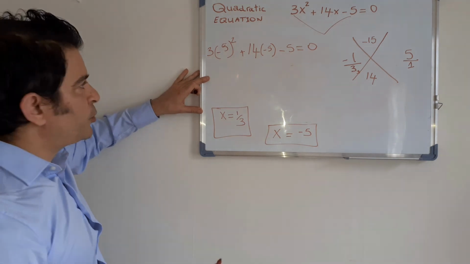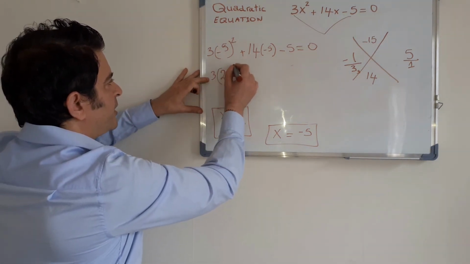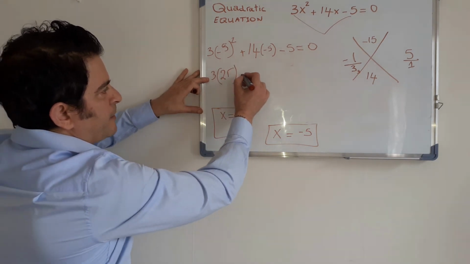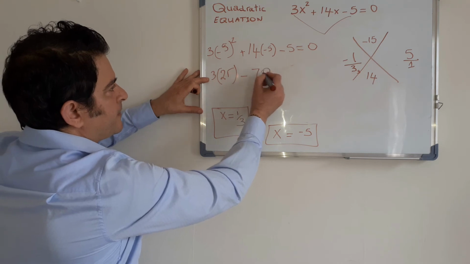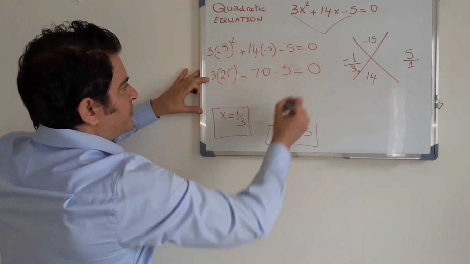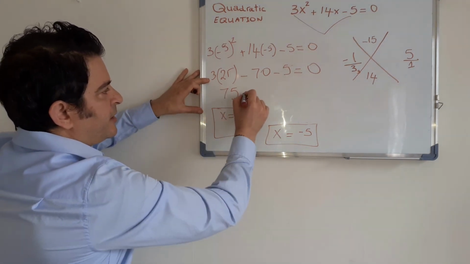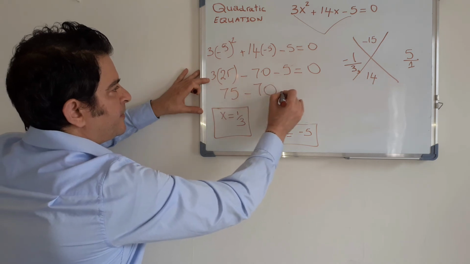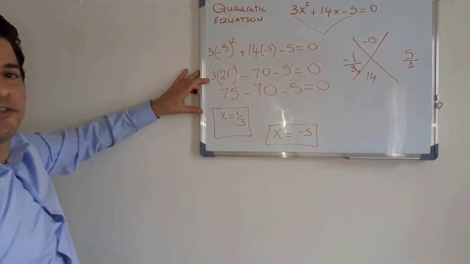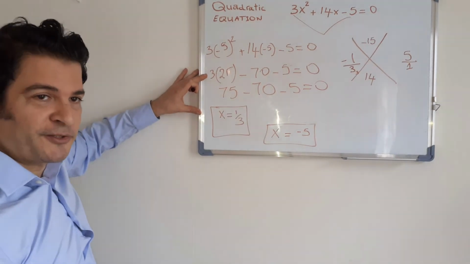Minus 5 squared is 25. 14 times minus 5 is minus 70. 3 times 25 is 75. So 75 minus 70 minus 5 equals 0. 75 minus 70 is 5. 5 minus 5 equals 0.